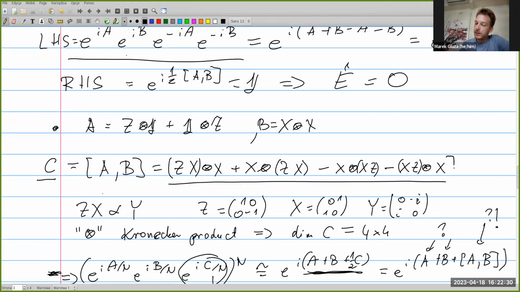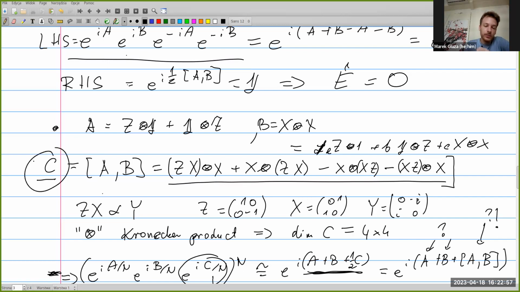Here I have this matrix C, and if I would like to write it as alpha Z tensor 1, plus B identity tensor Z, plus small c X tensor X, then I will not be able to find A, B, C such that I write this as a linear combination of these. This means I got a new type of operation, generated by my new matrix C, which is the commutator of A and B. That operation is linearly independent from those. Just by inspection, you see that this is not the same matrix.